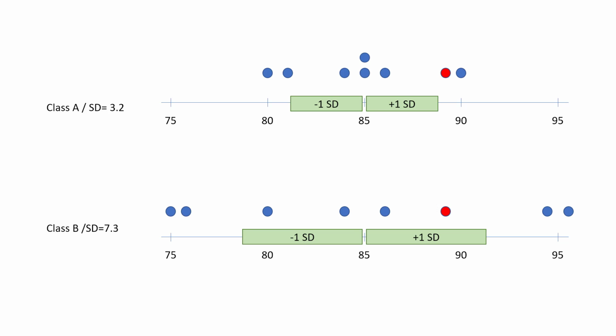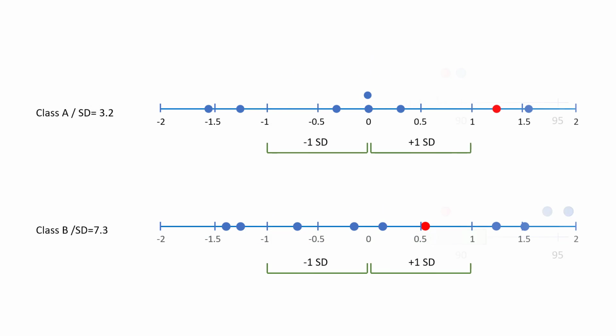We can look at this in another way, though. How about if we set up the number line so that rather than using units of scores, we use units of standard deviation? That's what I've done in these two graphs. As you can see, the scale we're now using is in units of standard deviation. That's why the length of the rulers is the same. Your score of 89 was more than 1 standard deviation away from the mean in the first class, but just a little bit more than half a standard deviation away from the mean in the second class.